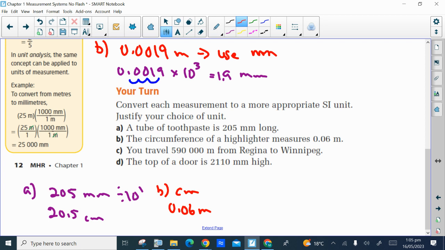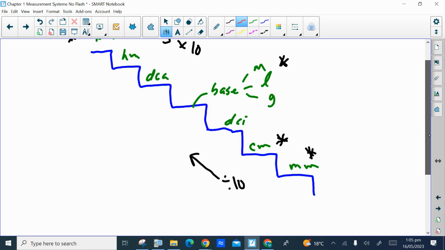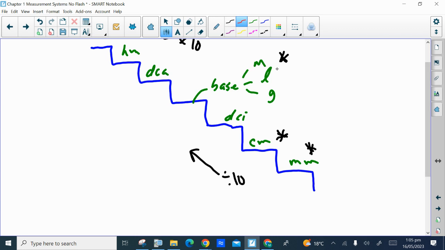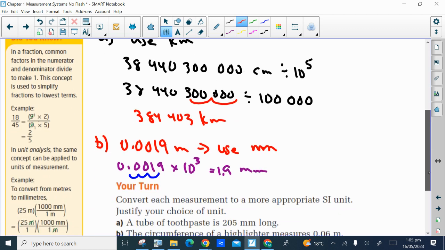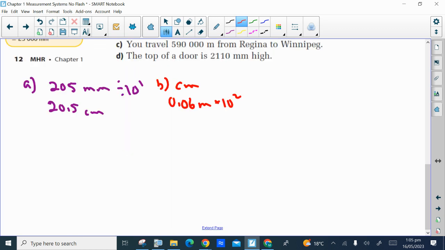If we go back to our staircase, we're going to go 2 steps down the metric staircase to go from meters down to centimeters, which means we're going to multiply by 10 twice. So we're going to multiply by 10 squared, which means the decimal is going to move 2 to the right, and that'll be 6 centimeters. There's the answer for that one.